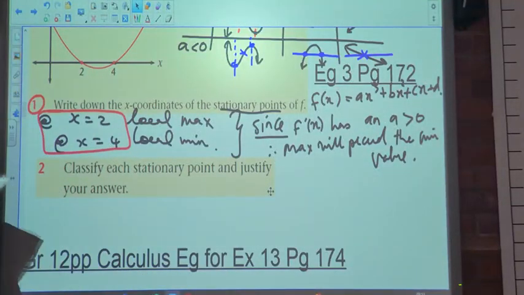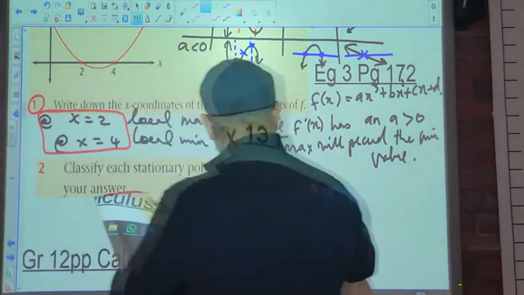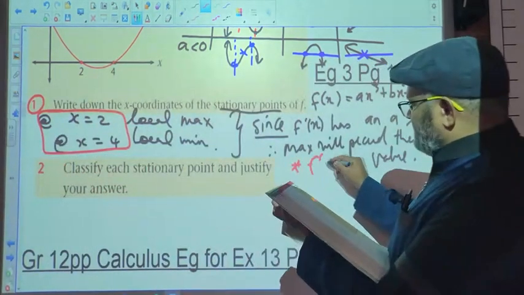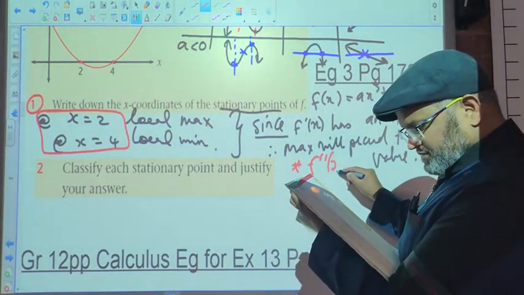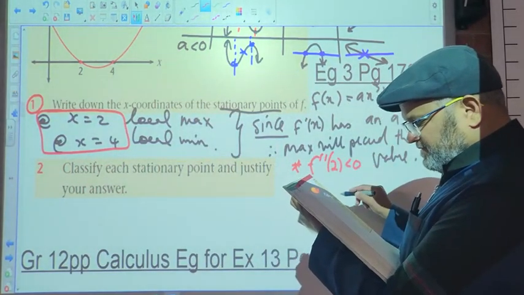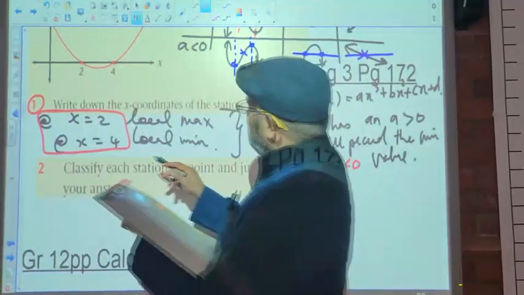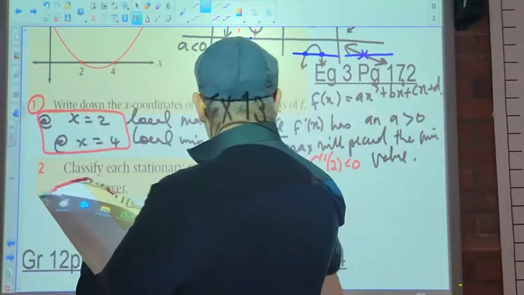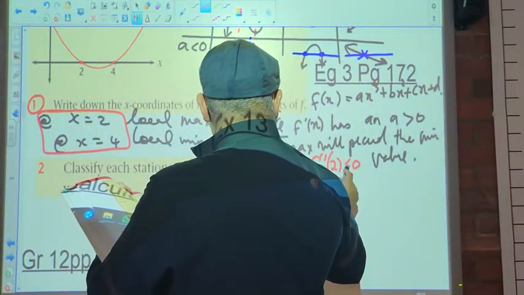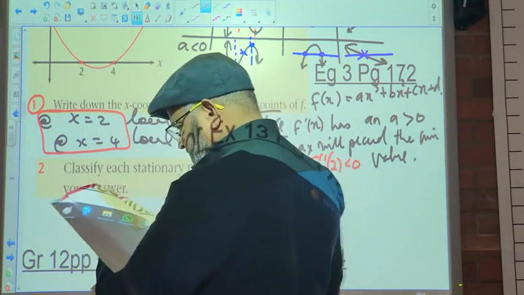And then in their explanation, remember, they use the more theoretical approach. They are saying that if f double prime of 2 is less than 0, so the f double prime of 2, how do they know that?